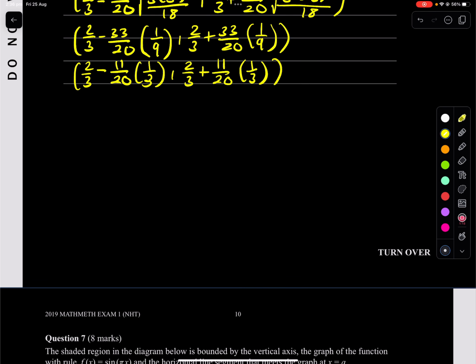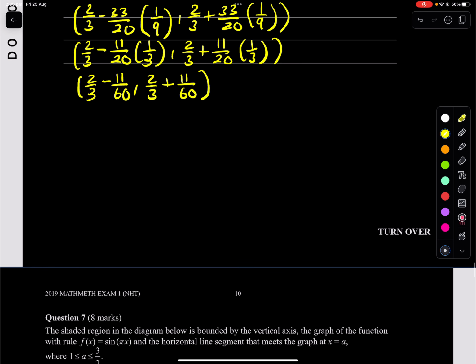So simplifying this all over all. So 2/3 minus 11/60. 2/3 plus 11/60. So that'll be, okay, 60 times 2/3, 60 times 11/60.